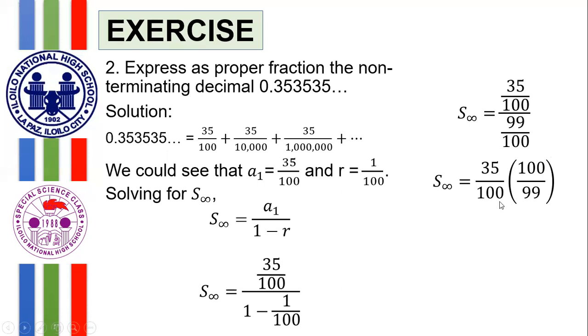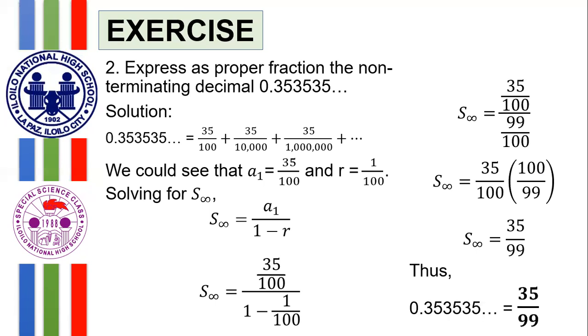You have here 35 over 1 times 1 over 99, or that's 35 over 99. Thus, this repeating and non-terminating decimal, 0.353535 and so on, is just equal to 35 over 99.